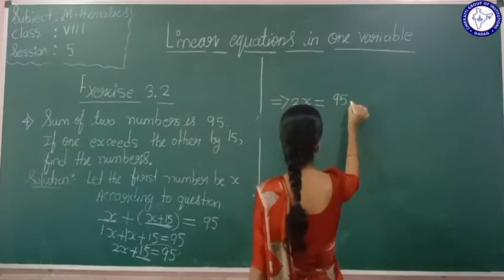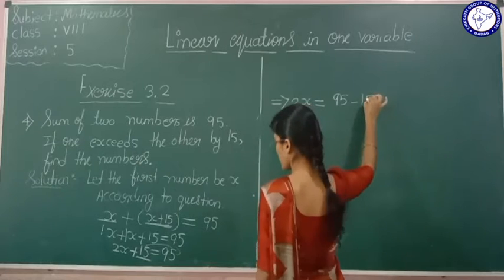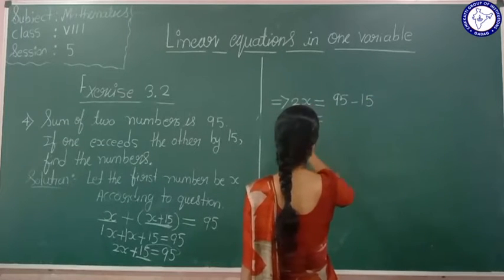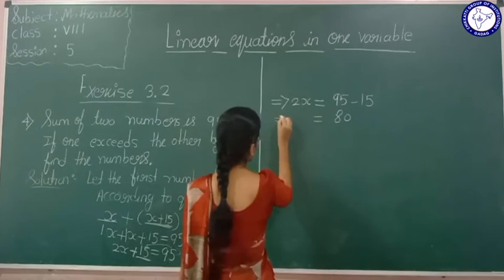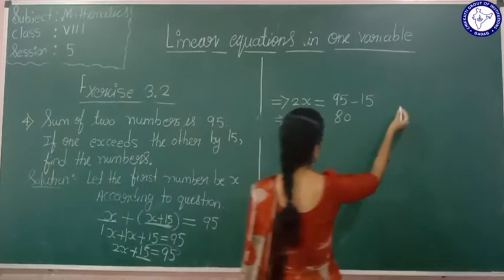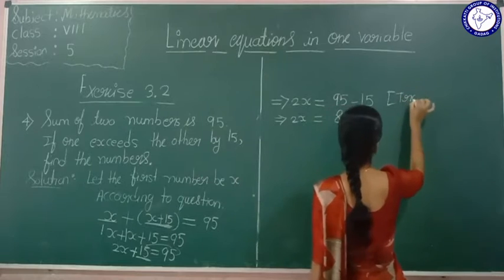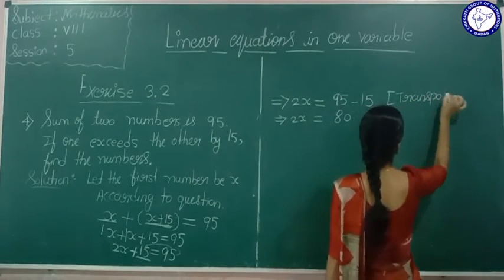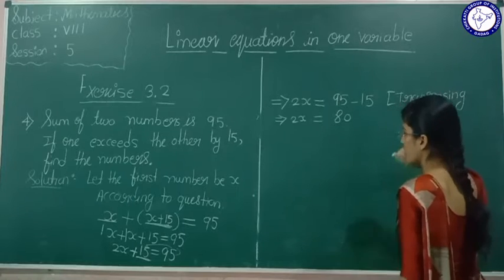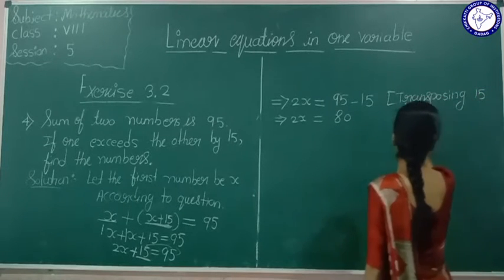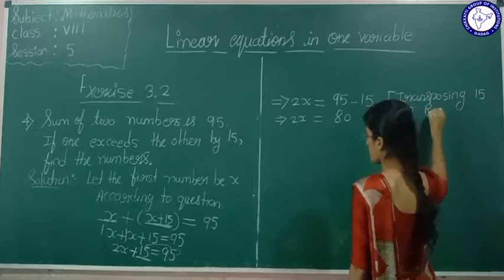It will be 95 minus 15. What is 95 minus 15? It will be 80. So that is what we have done here, transposing 15 to RHS.